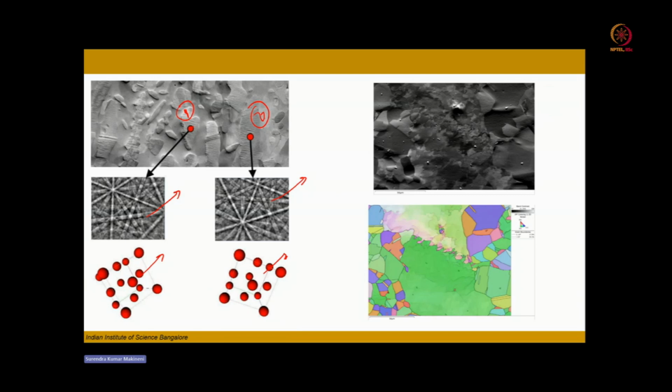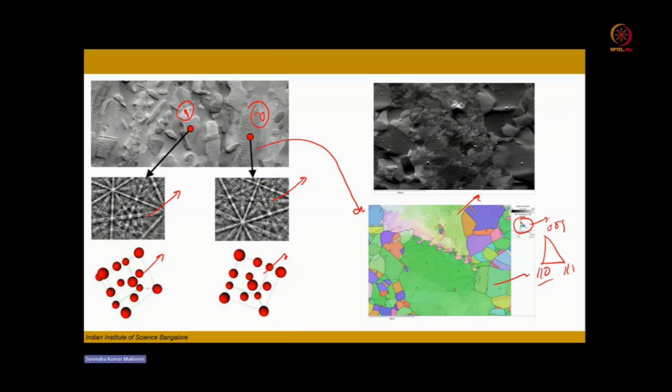Based on these Kikuchi patterns, you can generate color maps, and each color corresponds to a particular crystallographic direction. These are called IPF maps. If you see the pole figure for a cubic structure, the low index directions 001, 111, 110 correspond to different colors: green, blue and red.